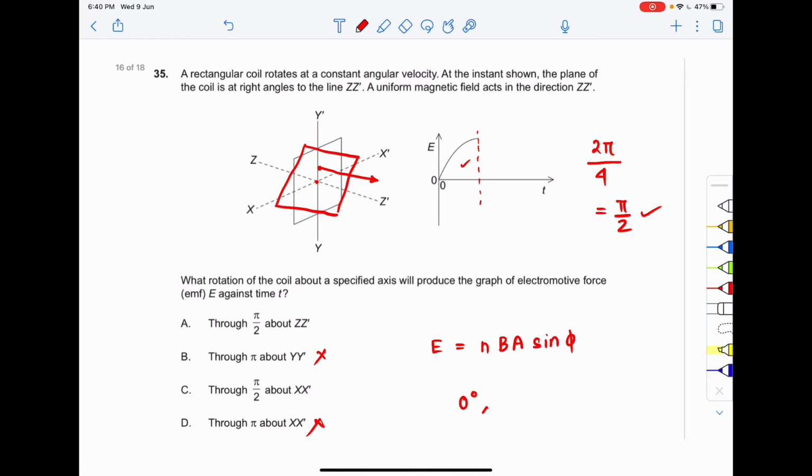Because the area vector always points outwards and the magnetic field is also in the ZZ direction. So the final angle is also 0 degrees, so the EMF is also 0. Why? Because sine 0 is 0. You can put this in and see. So option A is incorrect. The option that remains is option C, so option C is the correct option. The answer to question number 35 is option C.